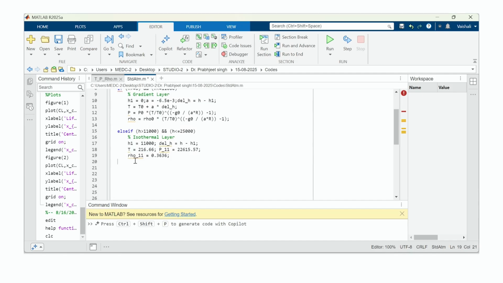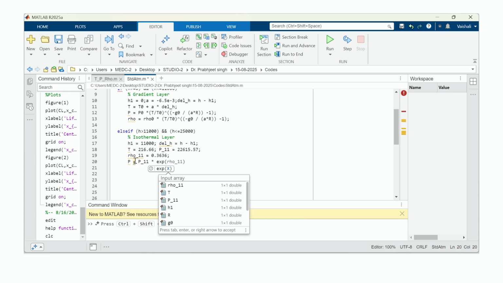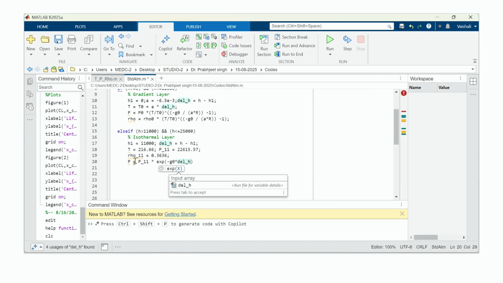Alright. Next is pressure, of course, P equals P11 into e to the power. Remember the expression: minus g naught into delta H by R into T. Then we have density.